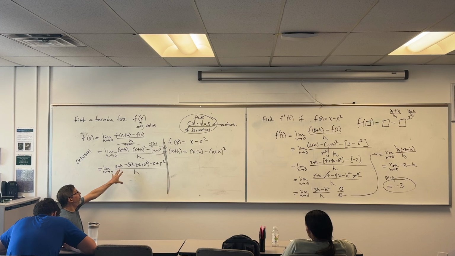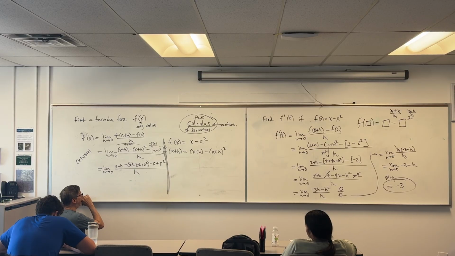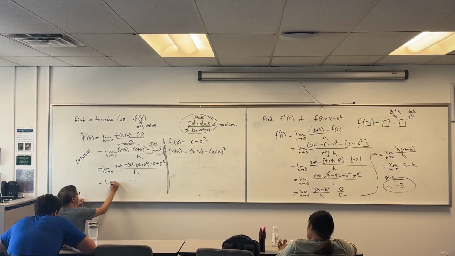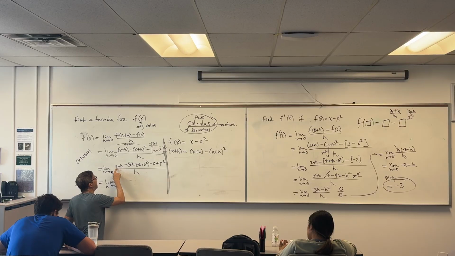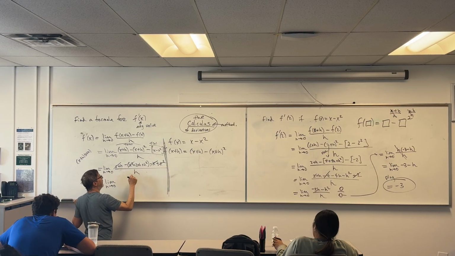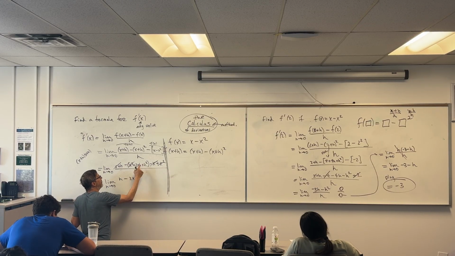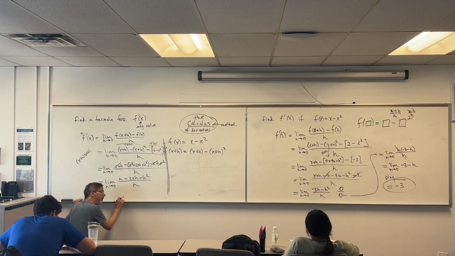If I've done this well, all the pure x stuff in the top will cancel, and I'll just have h things in the top. So let's see if that happened. Here's a positive x, here's a negative x. Here is a negative x squared and a positive x squared, so that cancels. And then I'm left with stuff that only uses h. So we've got h minus 2xh minus h squared, distributing the minus, over h.